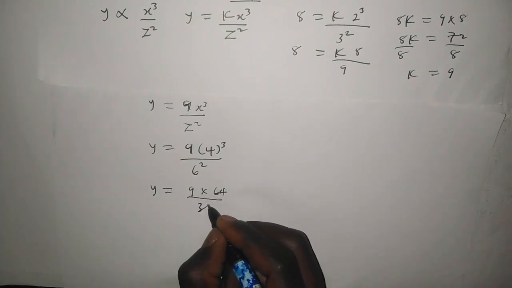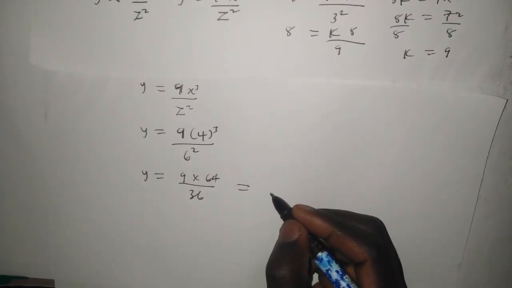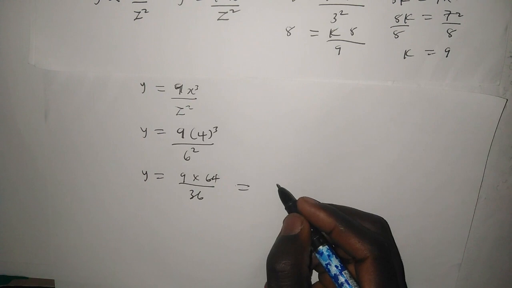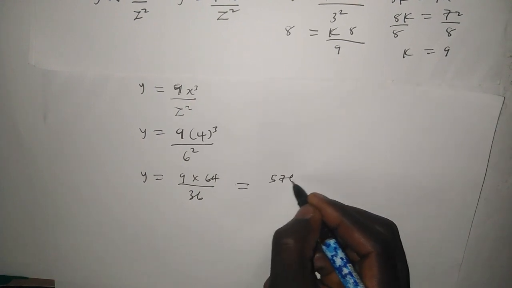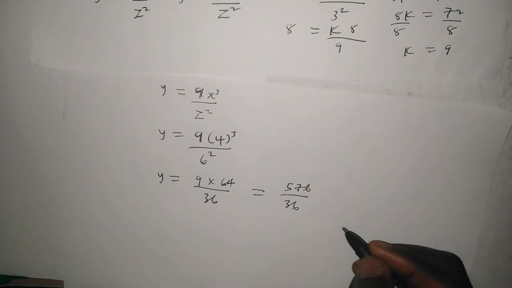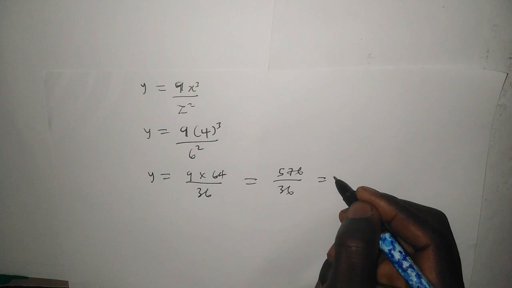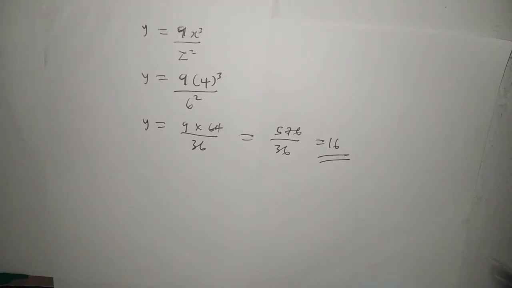Y is equal to 9 times 64, since 4 cubed is 64, all over 36, since 6 squared is 36. So 9 times 64 is 576, divided by 36. When you divide it, what you have is 16. So that will be all for this video.